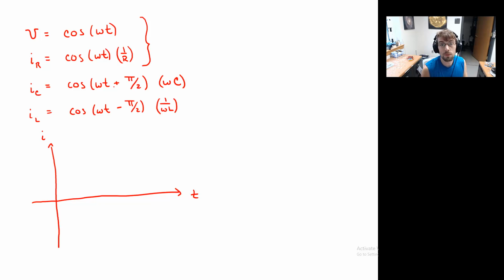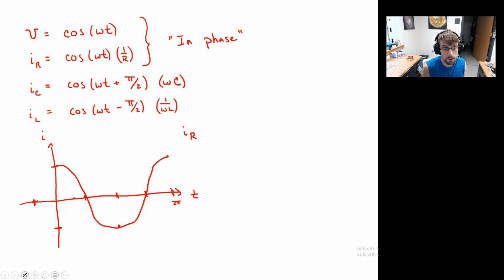This is what's sometimes referred to as in phase. In other words, there is no angular shift between one and the other. So we get this nice, well, terrible looking cosine function when drawn. The red is the current through the resistor.